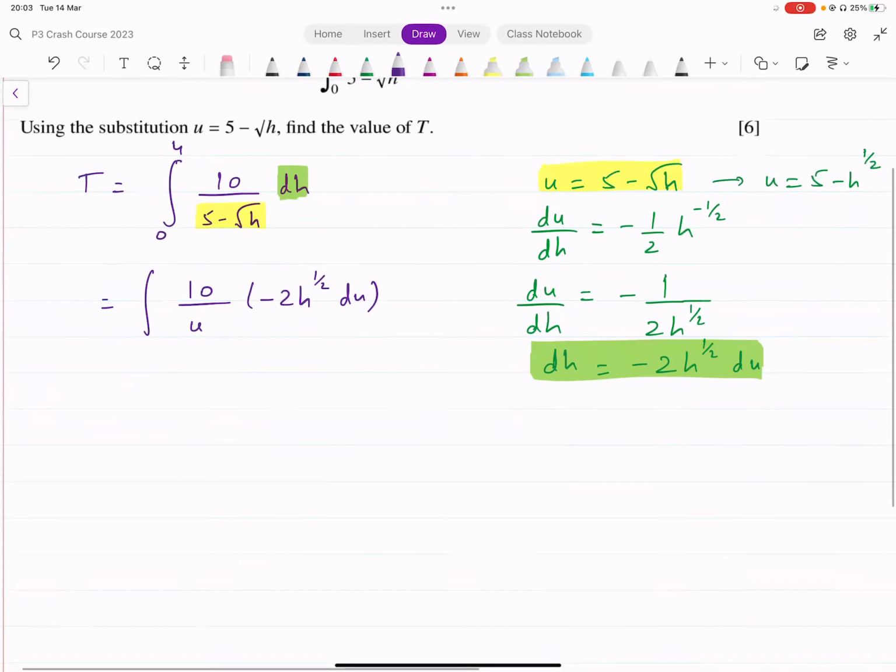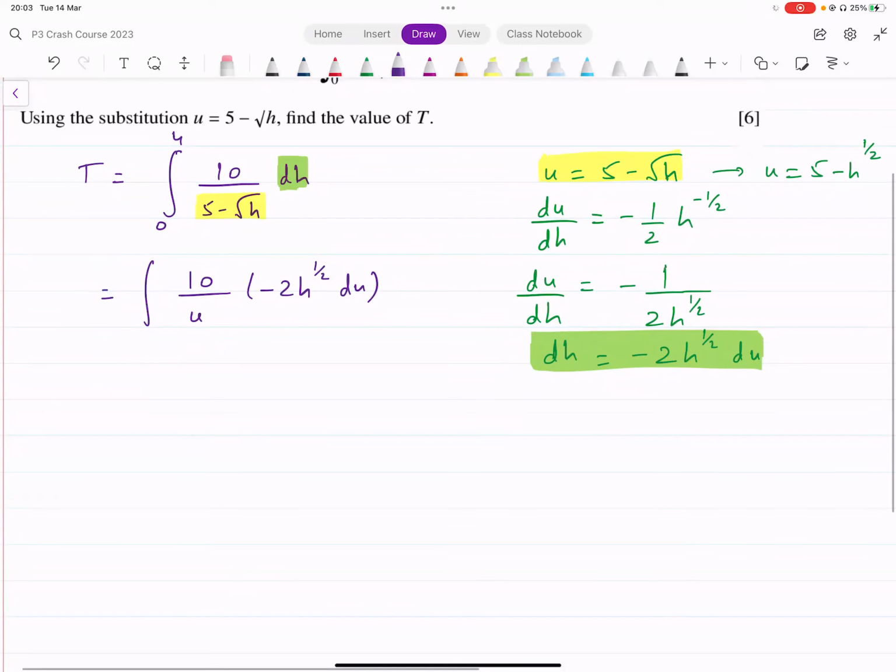All right. Now the problem is we still have an h here. What do we do with this? That's what we need to figure out now. Let's simplify this first. It might make things easier to understand. Minus 2 into 10 gives us minus 20 divided by u, and we have h raised to power 1 over 2 here into du.